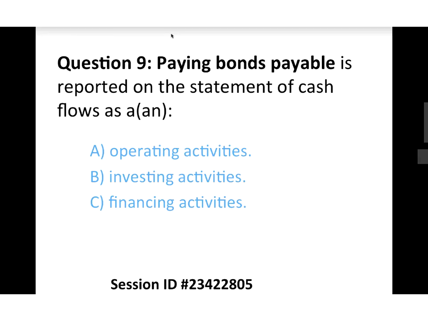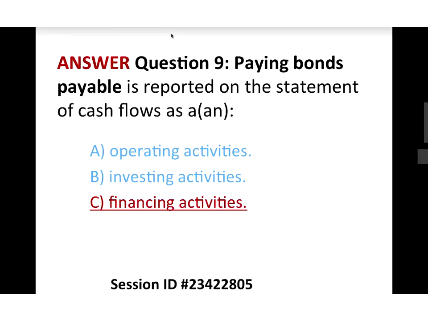Final 5 seconds to get your answer in. And that is a financing activity because the underlying activity is a long-term liability. Anything to do with long-term liabilities or stockholders' equity is going to be a financing cash flow.